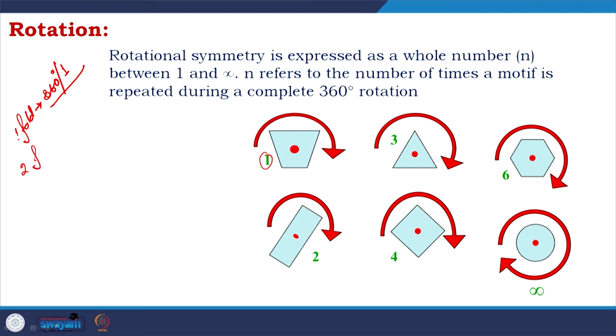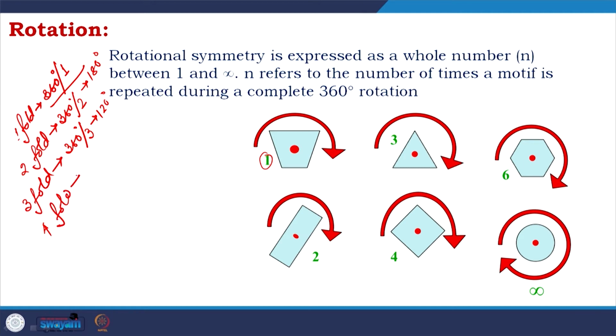Twofold, the rotation is 360 degrees divided by 2, which is 180 degrees. Threefold, 360 degrees divided by 3, which is 120 degrees.